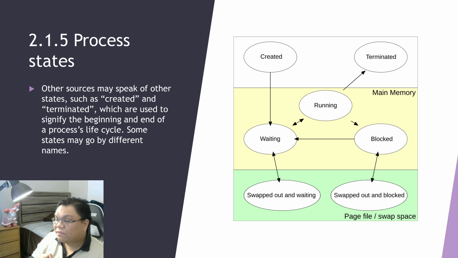These are if these processes are waiting for so long that another process needs to be allocated into memory, so these processes are swapped out, put somewhere else, so that memory can be used for other processes that are waiting.